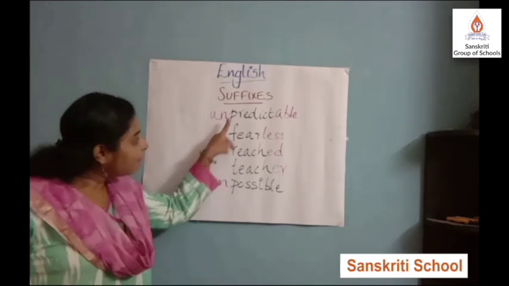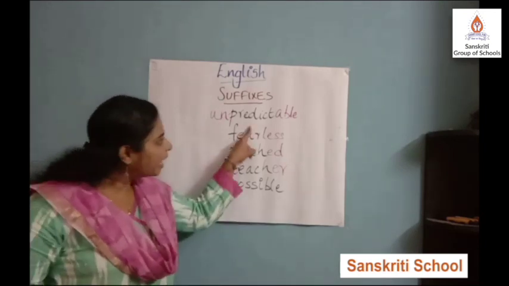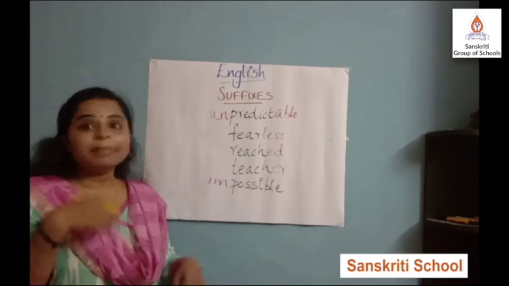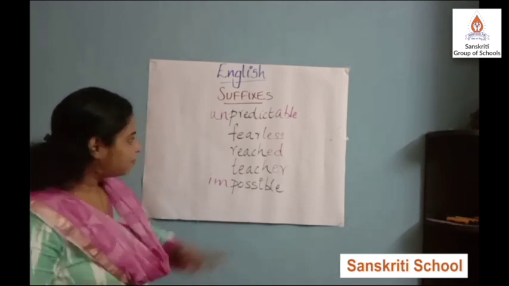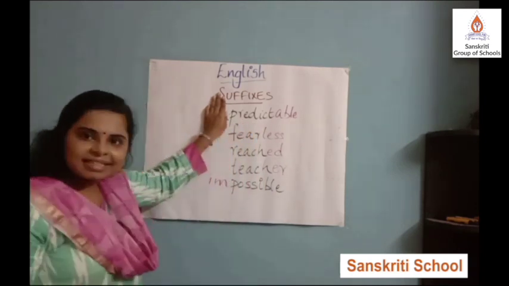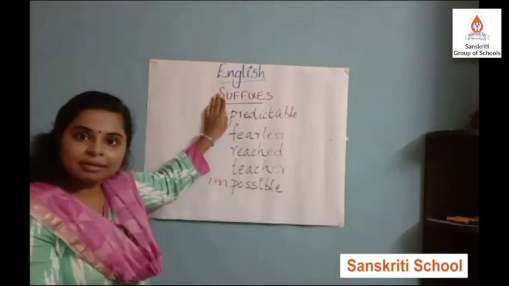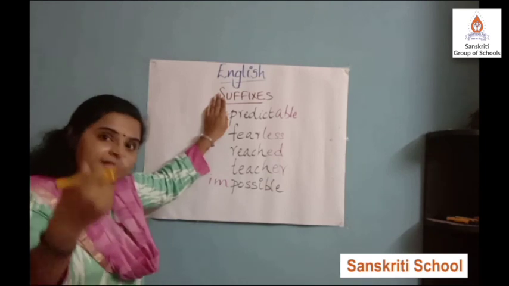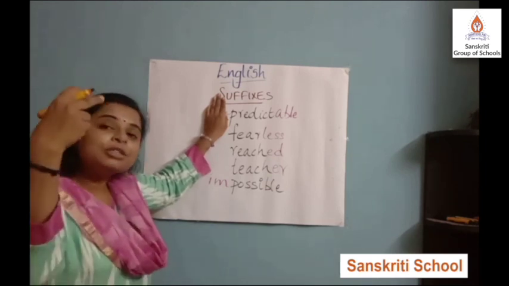Now, when I have added letters at the end of these words, the meaning changed. Say for example, when I added A-B-L-E at the end of predict, it has now become predictable, which means that you can say that something is sure to happen.